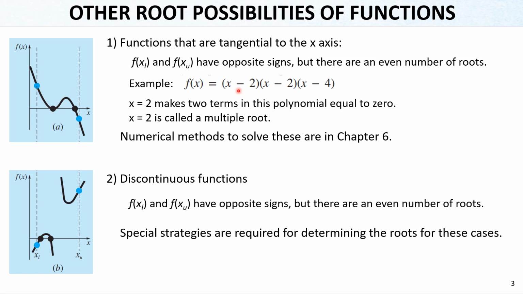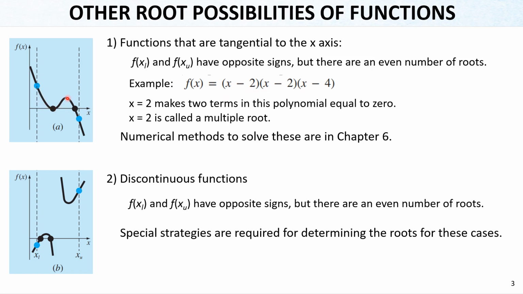Let's say here, for example, (x minus 2), (x minus 2), and (x minus 4). These (x minus 2) and (x minus 2) have the same x equals 2 value, which makes this function 0 basically, and it is multiple roots but the same root, so it is tangential.